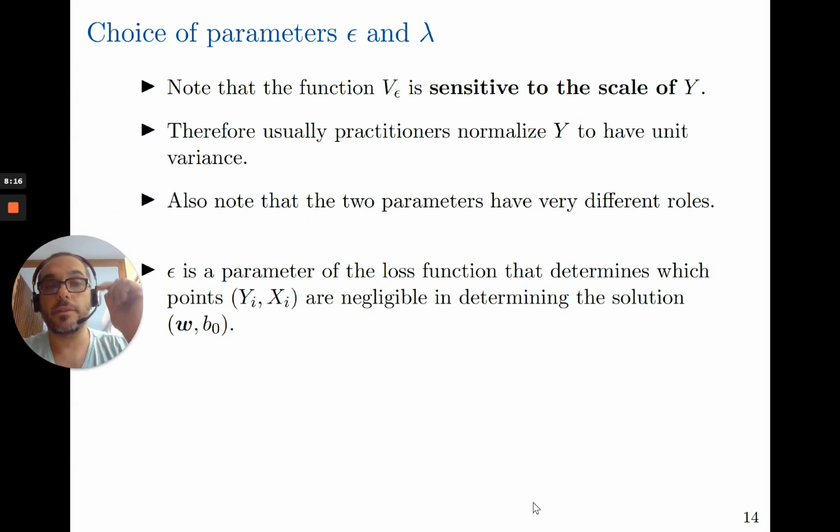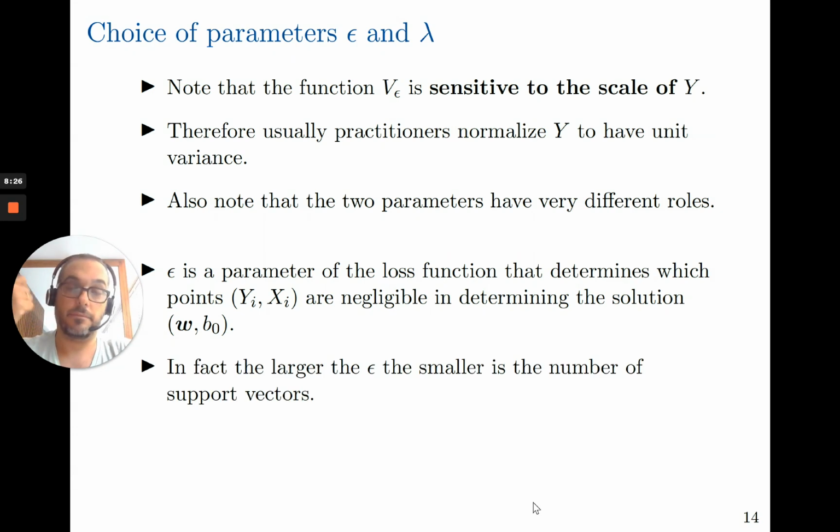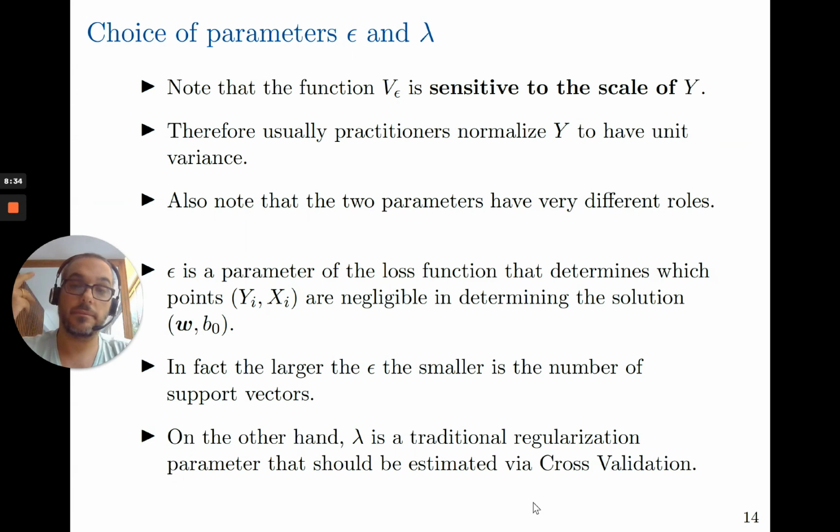The epsilon determines which points are negligible in determining the solution, so we don't care about these points. And lambda is a regularization parameter. In fact, the larger the epsilon, the smaller the number of support vectors. Lambda is the traditional regularization parameter that we can estimate via cross validation. So it's very simple.